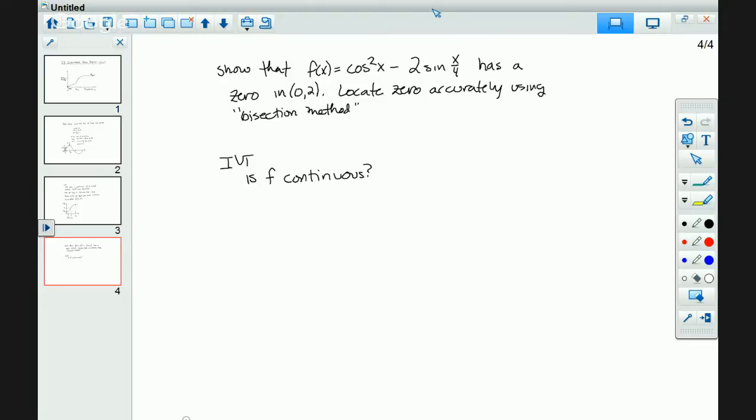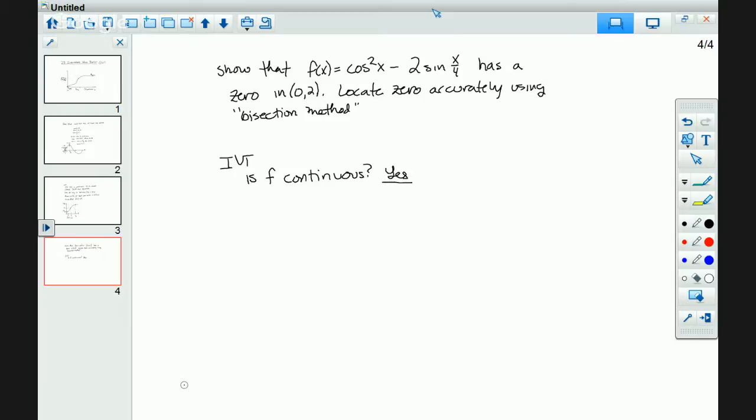Is sine continuous over 0, 2? Okay, so yes, it is. You can say it's continuous. You don't have to prove that it's continuous. We know that these are continuous on 0, 2, and I showed you the laws that allow you to combine those. So yes.